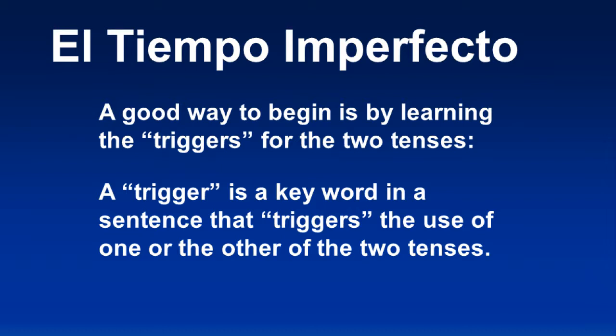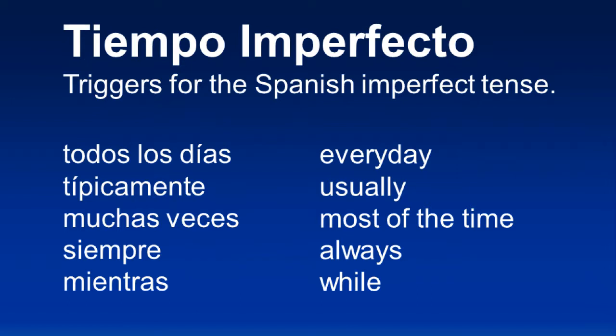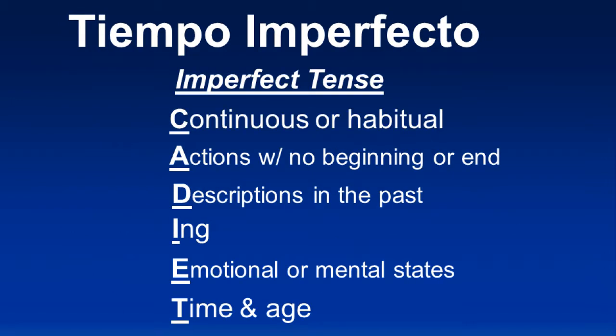So the triggers for the imperfect tense might include words like todos los días, every day, típicamente, usually, muchas veces, or siempre, or mientras. These are words that help you frame the sentence and kind of get an idea of which tense you should use.